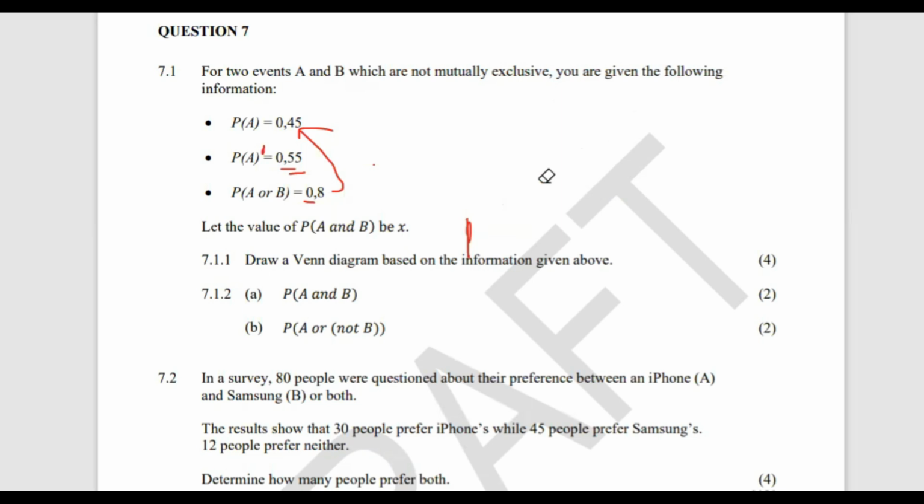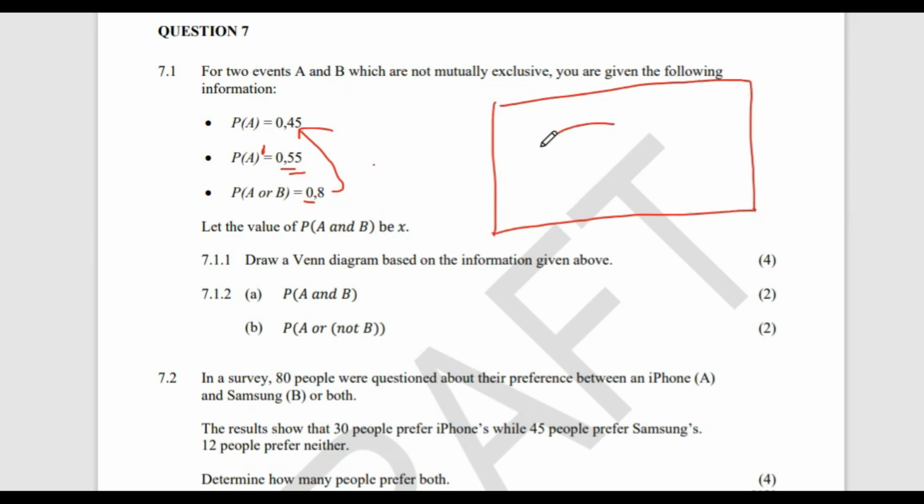Let's see. So what I'm going to do, if this is my A, I'll make this X to be 0.45 minus X. Okay, we already said that that's a 0.2.